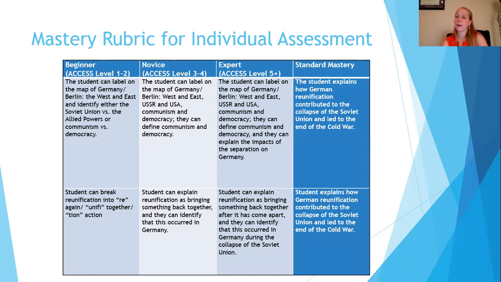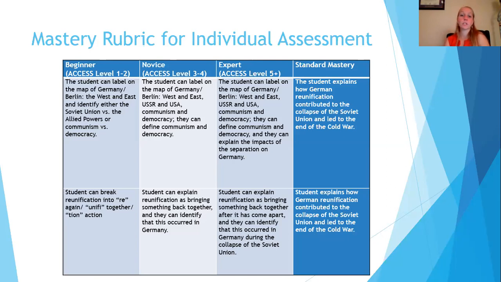They could also identify which had the Soviet Union and which had the United States or the Allies, and also communism and democracy. But they should now also be able to define communism and democracy. So that's the big change between the beginner and the novice level: the definitions. And for reunification, they should be able to define that, and identify that it is happening in Germany. That should be something else they know from this assignment.